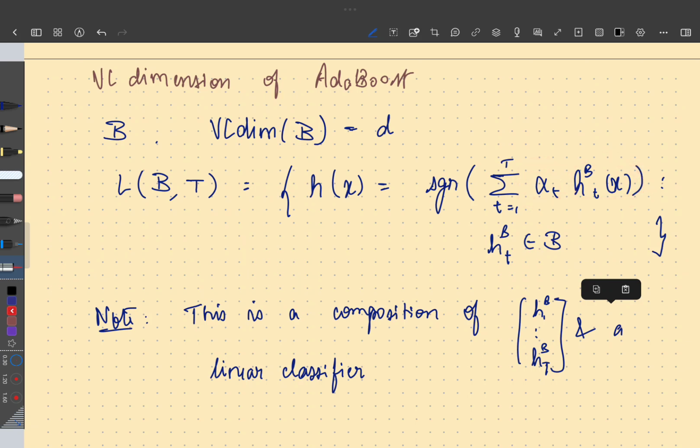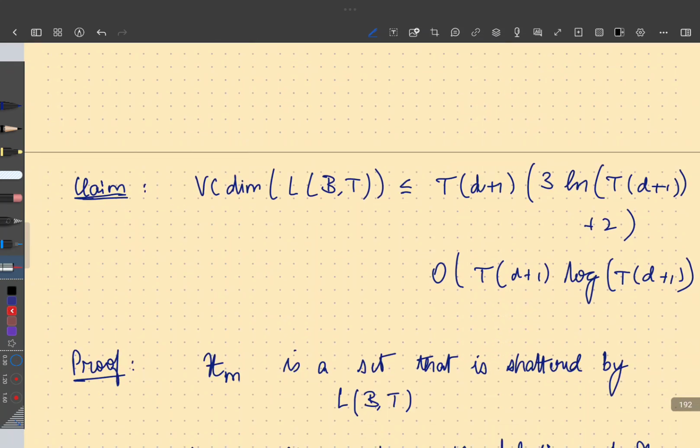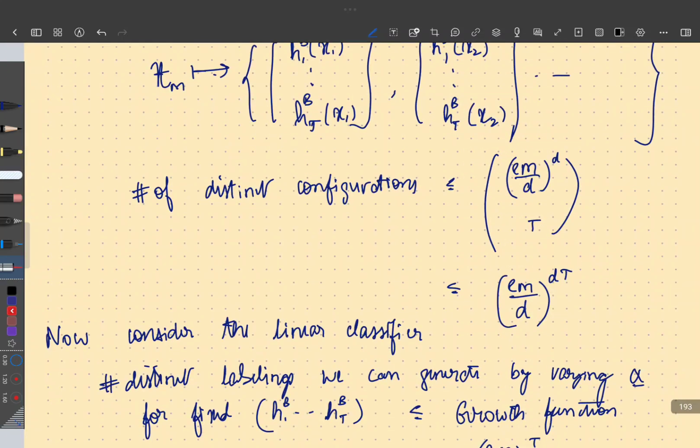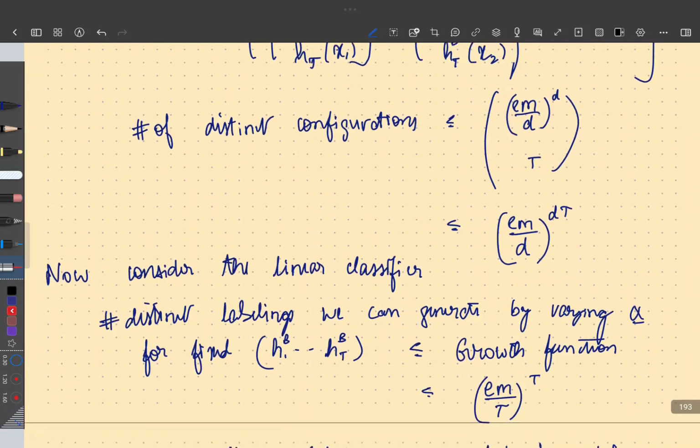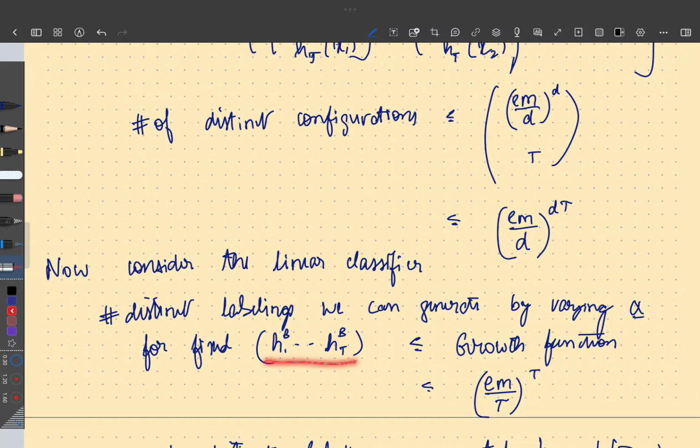If I fix a particular alpha 1 through alpha t, the number of possible labelings I can generate just by varying h1 through ht is at most em by d whole to the power of dt, right? And if I fix h1 through ht, then the number of possible labelings I can generate by varying just alpha 1 through alpha t is at most em by t whole to the power t.